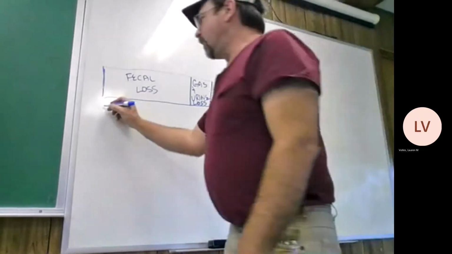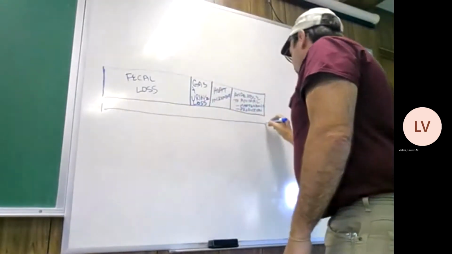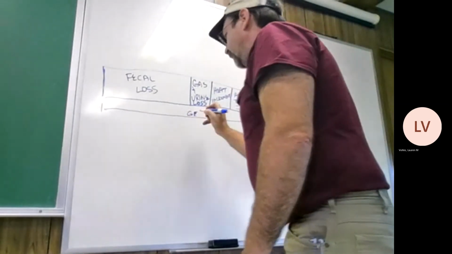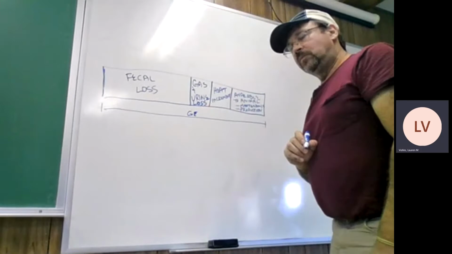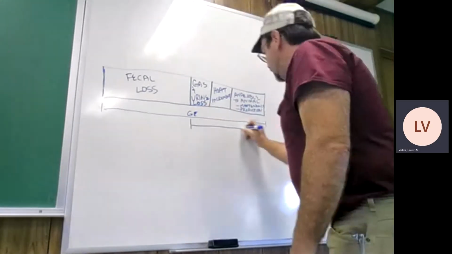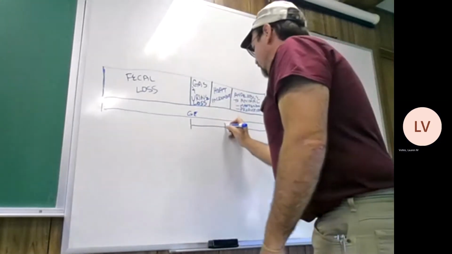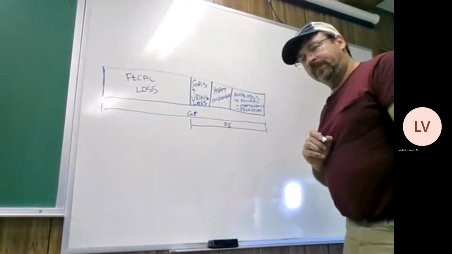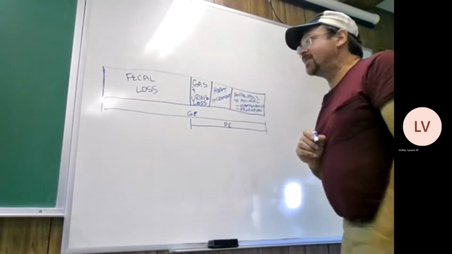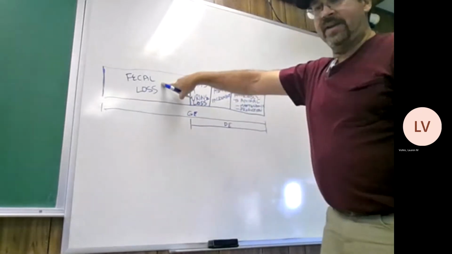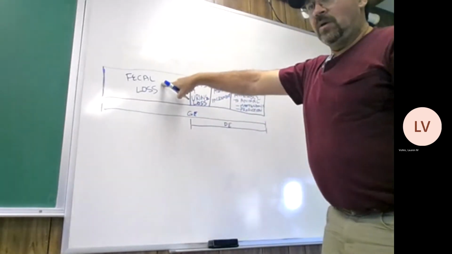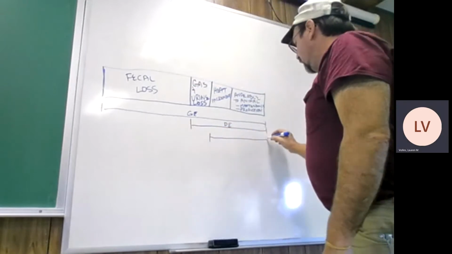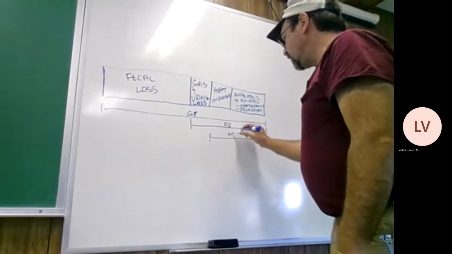Now, from here to here is the gross energy of the feed, all of it. From here to here is the digestible energy, all that stuff that gets digested and available, extracted from the feed, does not go out the back end of the animal. Okay. The next step is metabolizable energy.